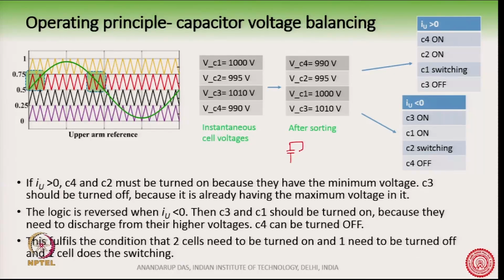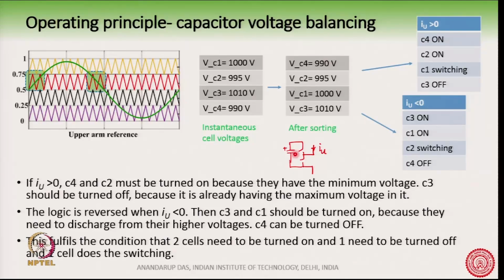Upper arm positive means IU is positive here. So, what do we need during this portion? We need to turn on 2 cells and turn off 1 cell. Who will be turned on? C4 and C2 will be turned on, because they have the least voltage out of the 4.